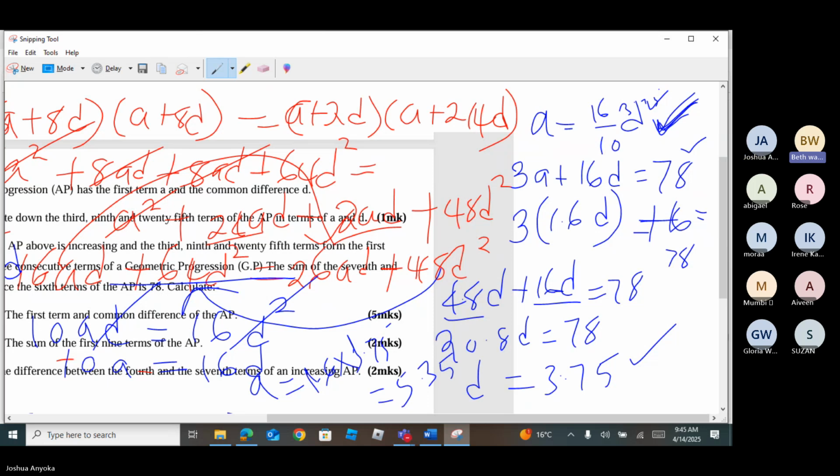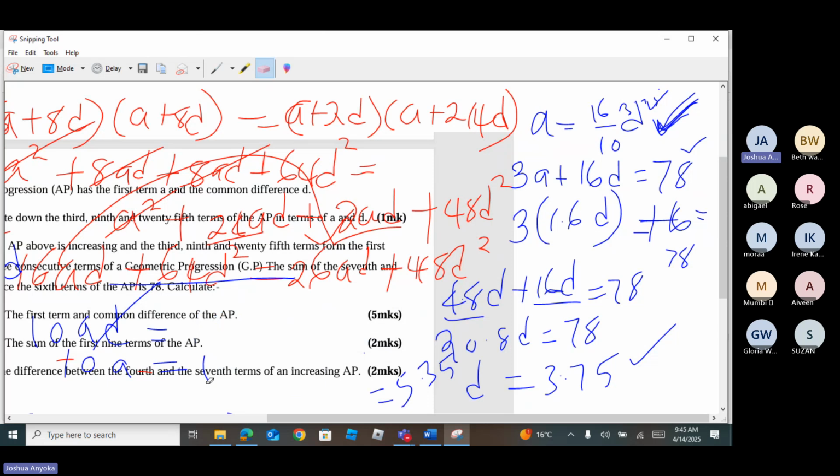Shall we multiply? It's 6. We say A is equals to 1.6 times 3.75. What do you get? We get 6. Okay. So our first term is 6. Our common difference is 3.75.